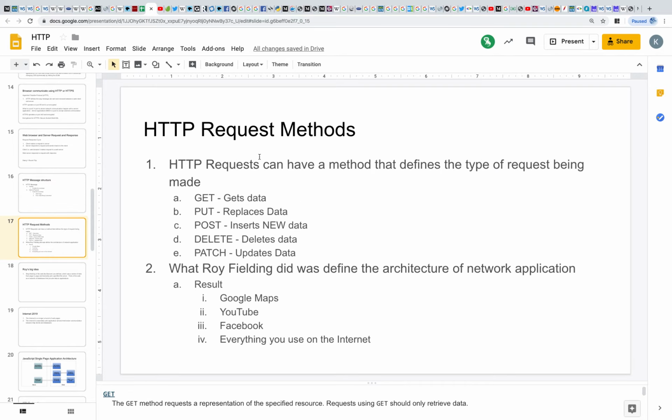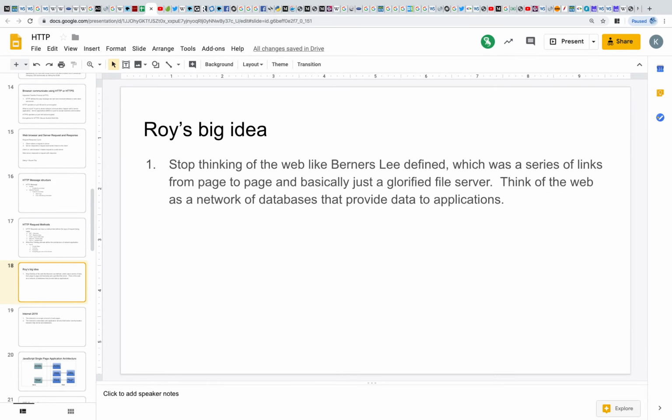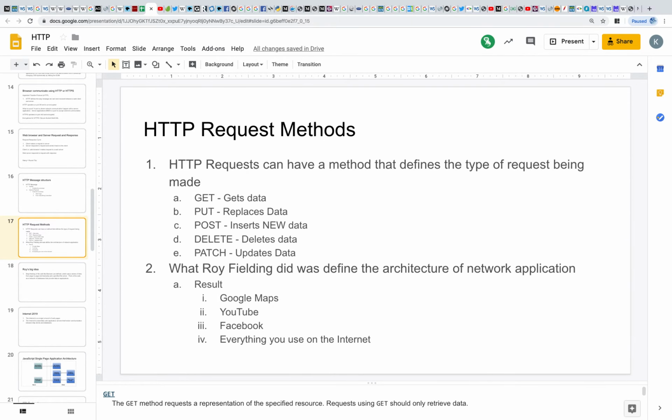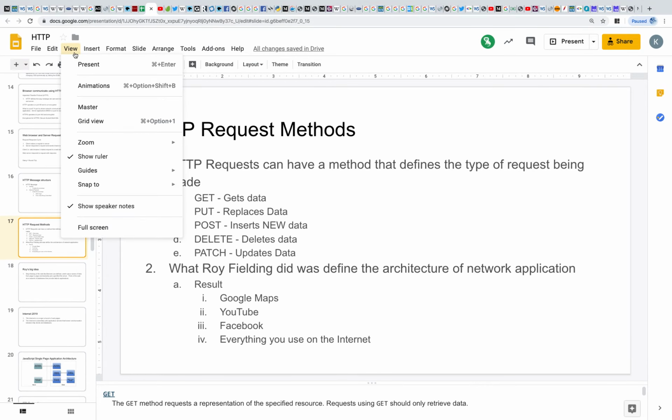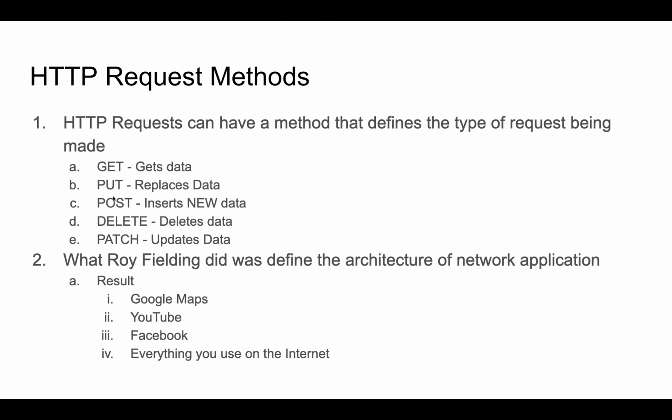The next thing you got to know is that the HTTP protocol has what's known as request methods. And if you read them here, GET, POST, PUT, DELETE, PATCH, don't these seem similar to what you were looking at in databases?